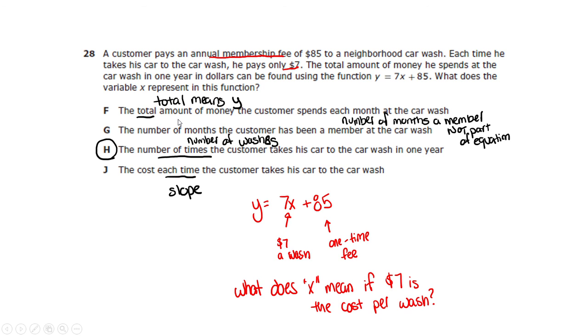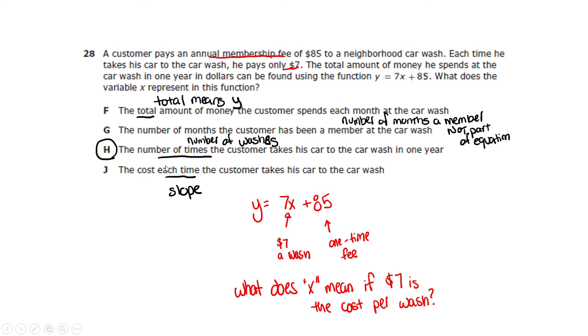If you read F, they're talking about the total amount of money. Now, anytime it says total amount of money, that means Y, not X. And we're trying to figure out what X means. G says the number of months that the customer was a member. That's not important to this question at all, and definitely not important to the equation.